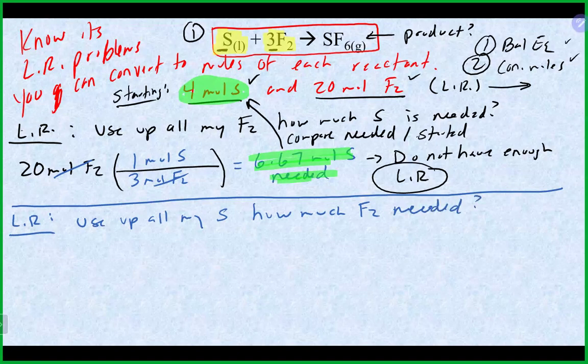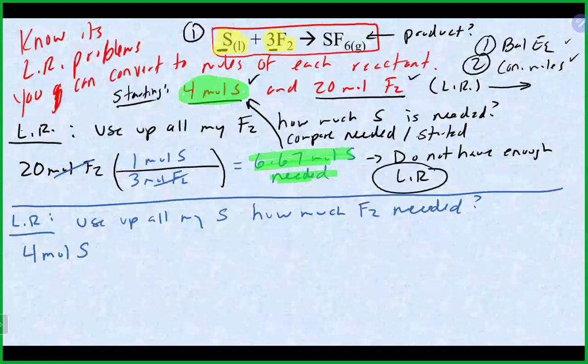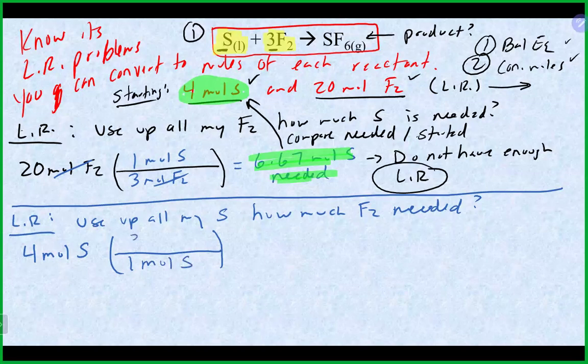You would start with your sulfur, which is the 4 moles of sulfur that you started with. You would use your same mole-to-mole relationship from the equation, which in this case we would flip around. We would go 1 mole of sulfur on the bottom, 3 moles of fluorine up on top. The moles of sulfur will cancel. That will give me 12 moles of fluorine is needed.